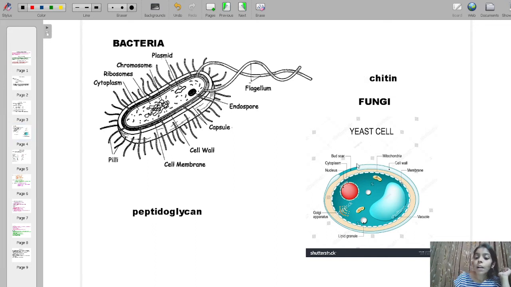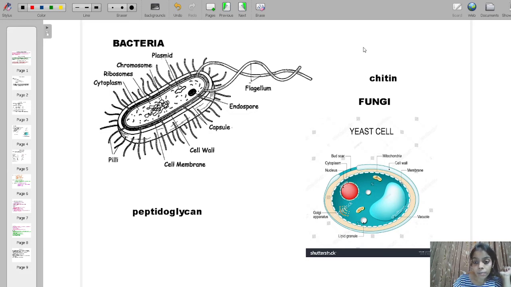And apart from yeast, there are multicellular forms which have certain filamentous structures. Each slender filament is called hypha.